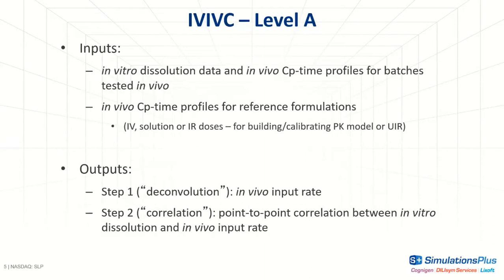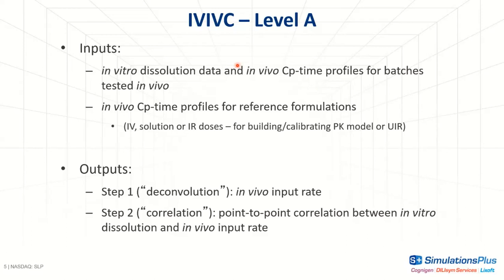So what kind of data do you need to generate this level A IVIVC? Of course, you need in vitro dissolution data and in vivo Cp time profiles for the formulations that you are going to use to build the IVIVC and validate it. So this would typically be your extended release formulations. But of course, the in vivo plasma concentration time profile is dependent not only on the release of the compound in vivo, but also on the systemic disposition of the compound, how it's distributing into the tissues, how it's being eliminated, and so on.